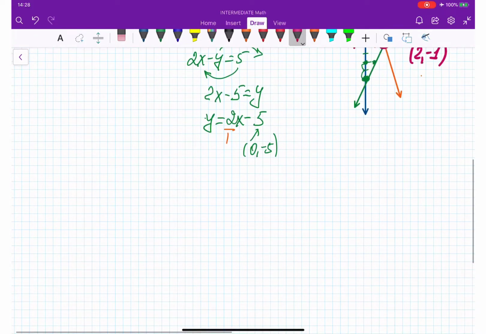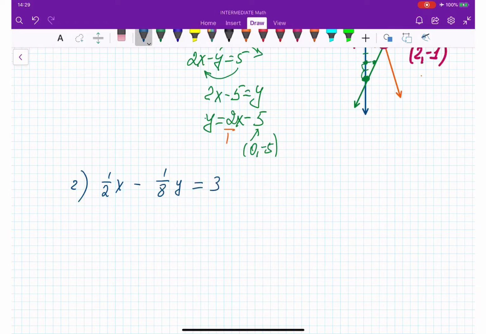So, finding the solution by substitution. We have 1 over 2x minus 1 over 8y is equal to 3, and 2 over 3x plus 3 over 4y is equal to 4.